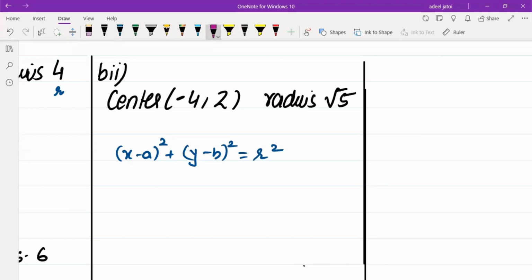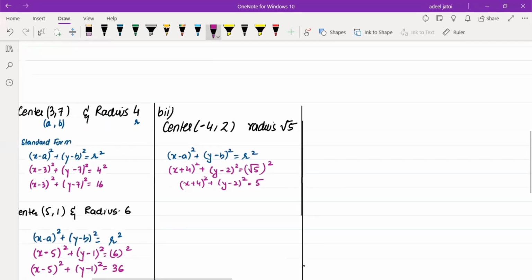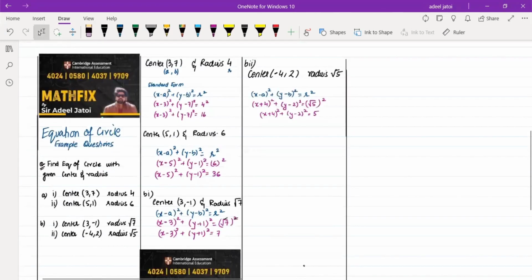So this is going to be x plus 4, because negative will become positive, whole square, plus y minus 2 whole square, which is equal to under root 5 square. So under root and square will cancel out, so your end result is x plus 4 whole square plus y minus 2 whole square is equal to 5. So these are the 4 parts for question number 1.